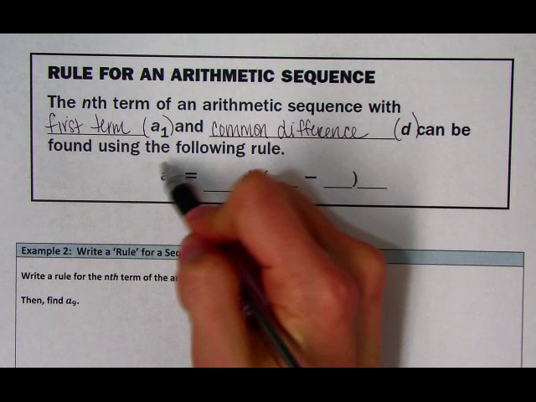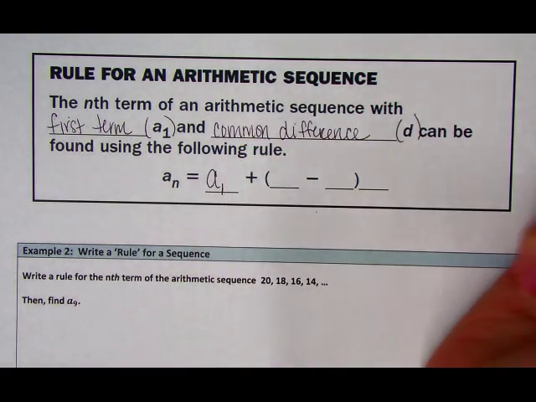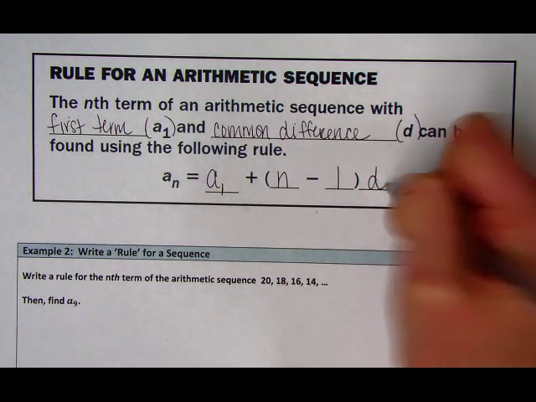A sub n is equal to our first term, a sub 1, plus n minus 1 times d.